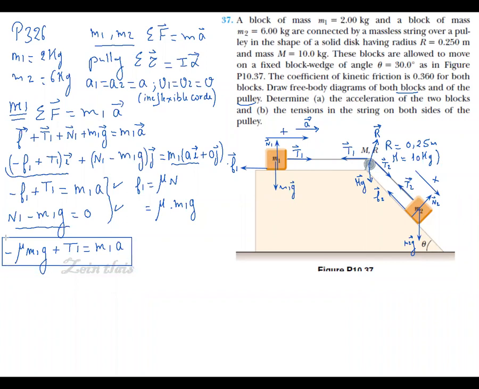Relation between T1 and A. T1 is unknown, A is unknown. Okay.